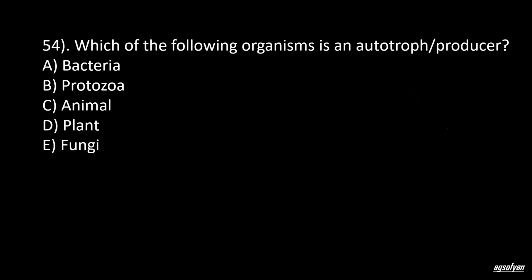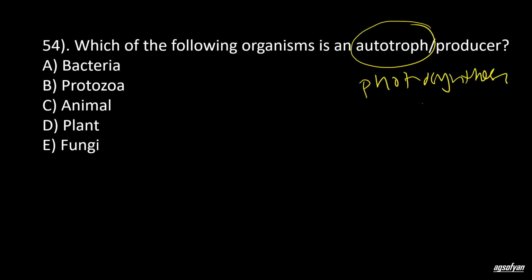Which of the following organisms is an autotroph or producer? Bacteria, protozoa, animal, plant, or fungi? Autotroph means an organism that is able to make food through photosynthesis. This organism will have chloroplast, which has a green color.